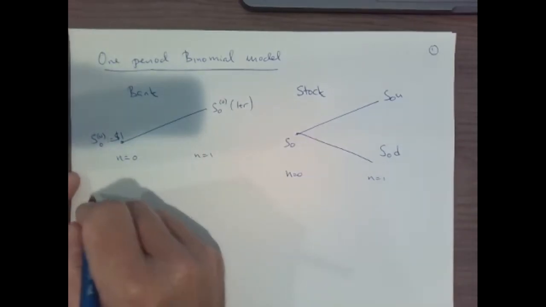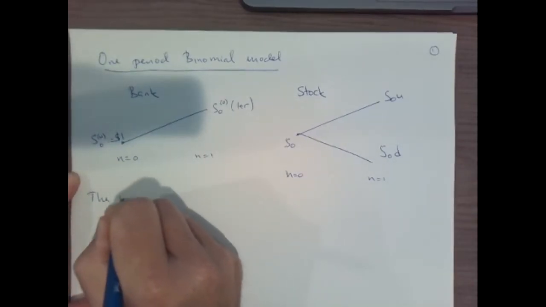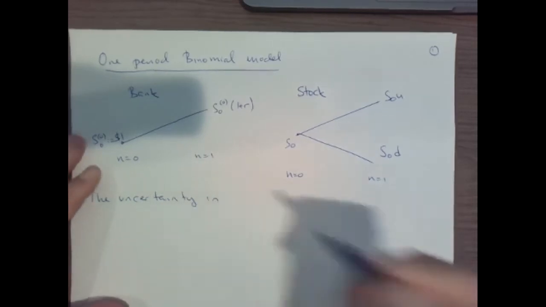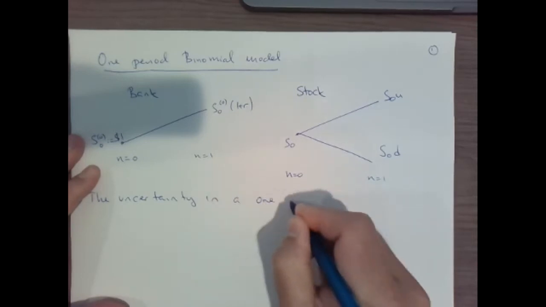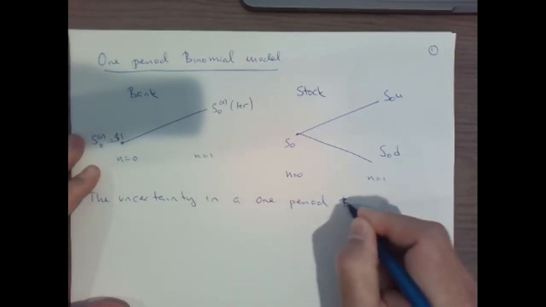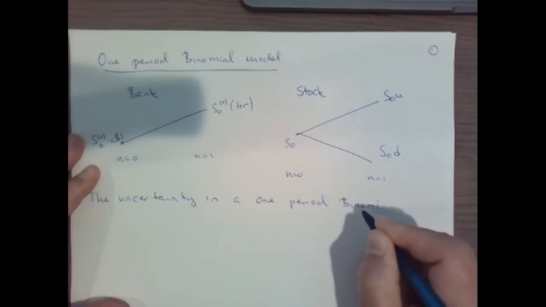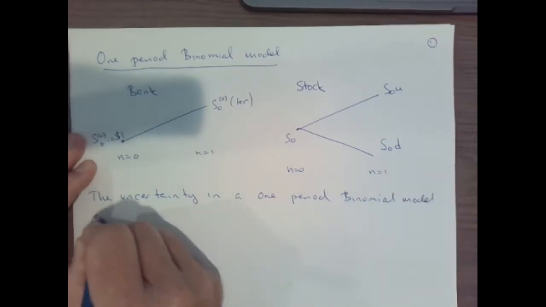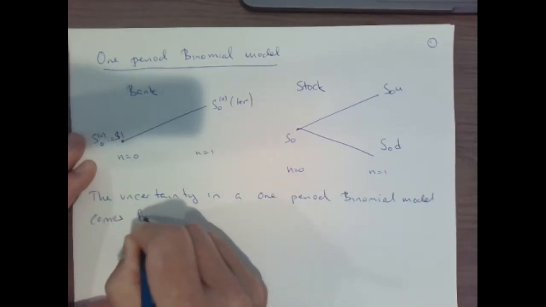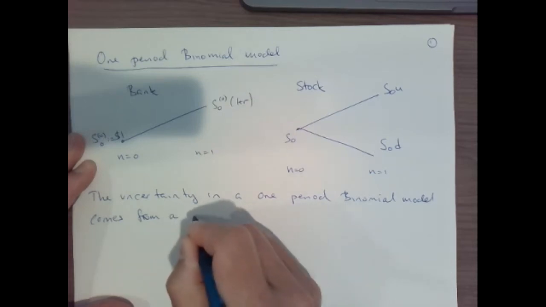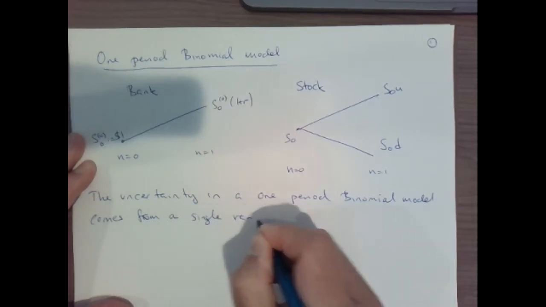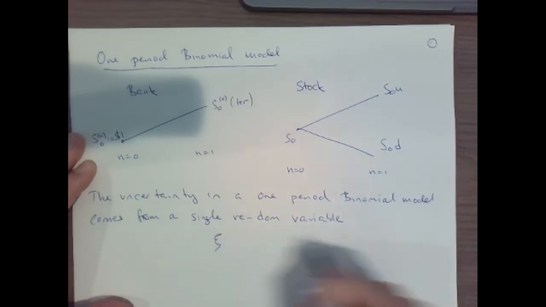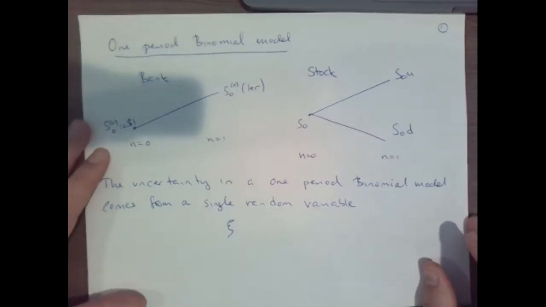The uncertainty in a one-period binomial model comes from a single random variable, psi.